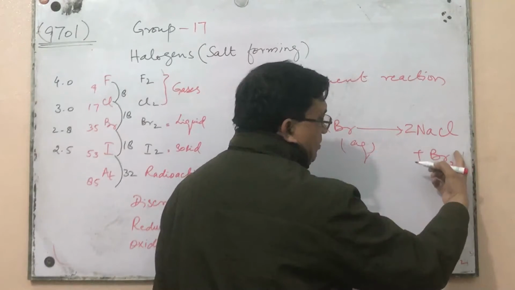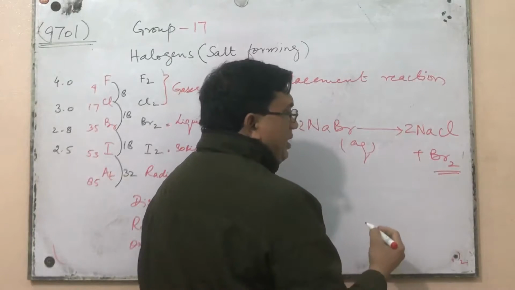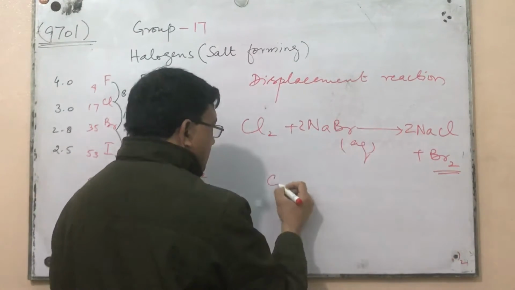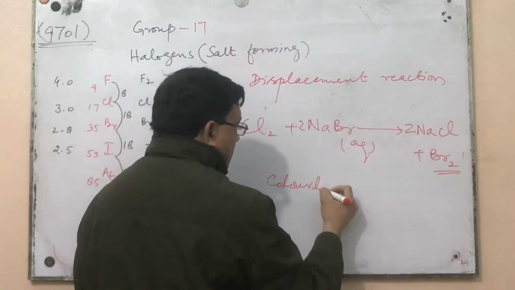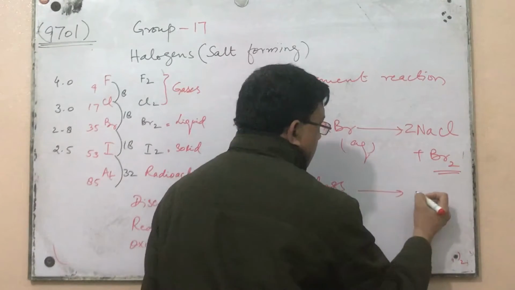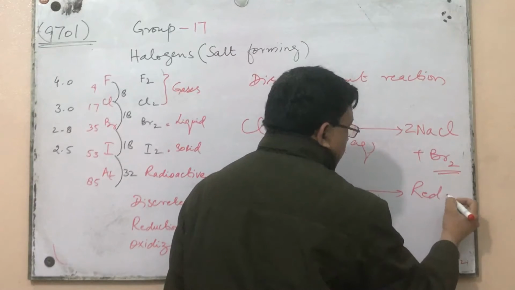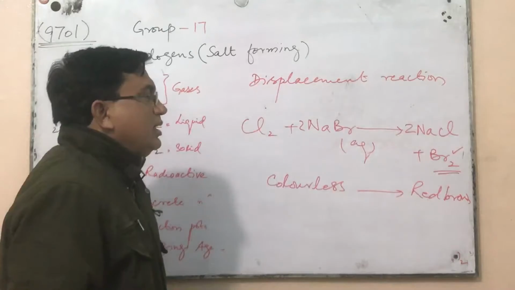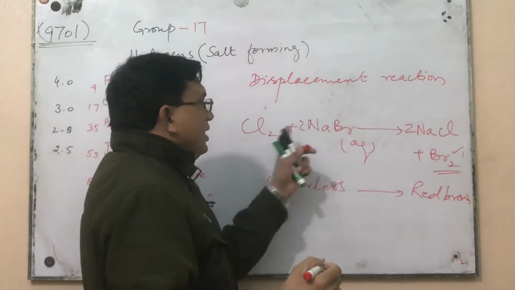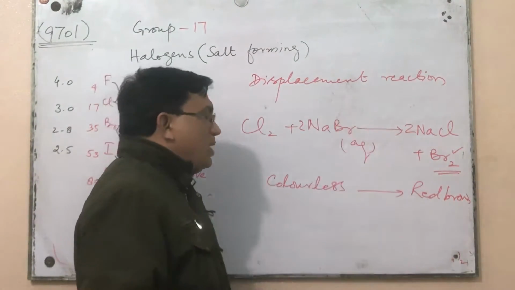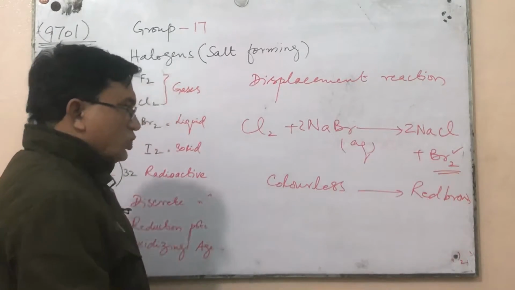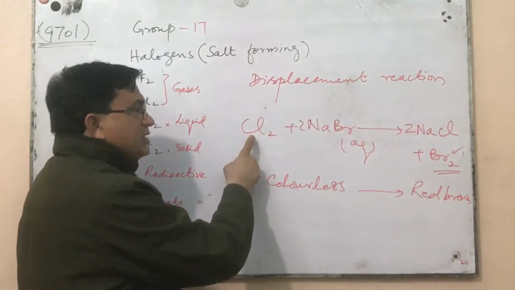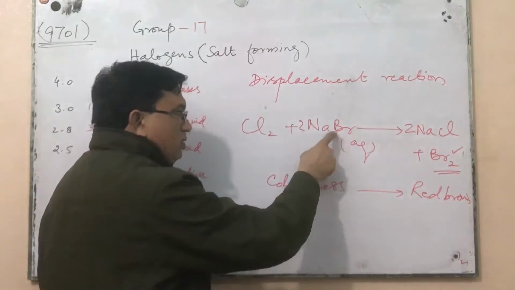Due to this production of Br2, the solution turns from colorless to red-brown due to the production of bromine. It means that chlorine has displaced the bromide ion from its salt solution because the reactivity of chlorine is more as compared to bromine.